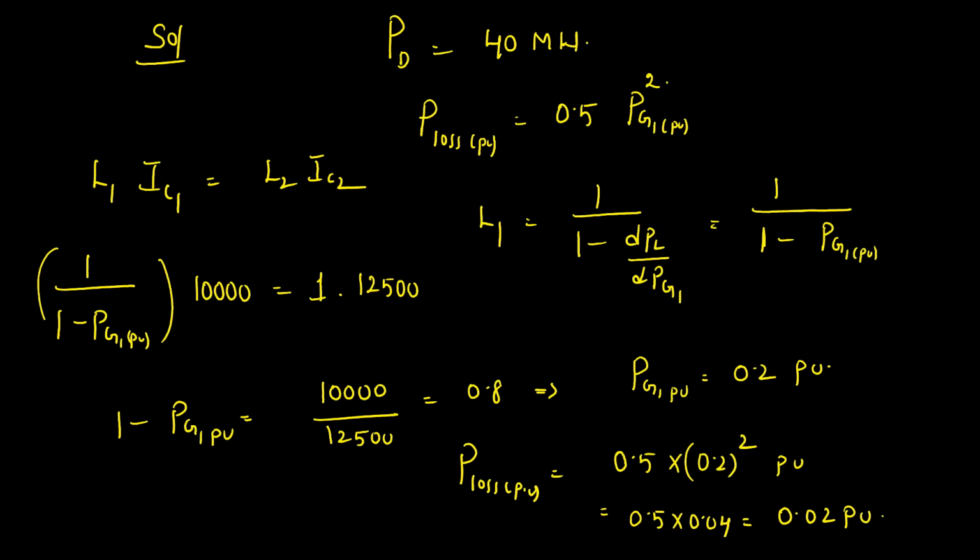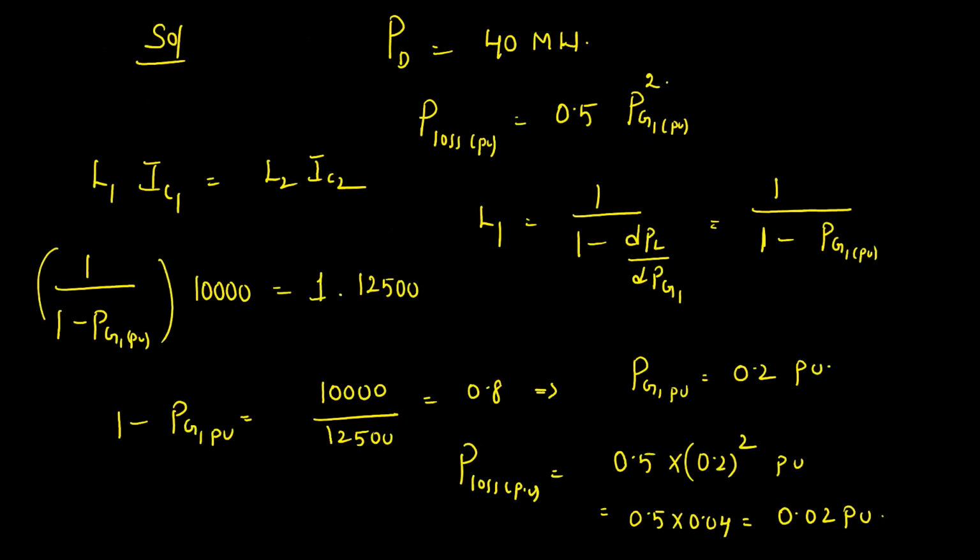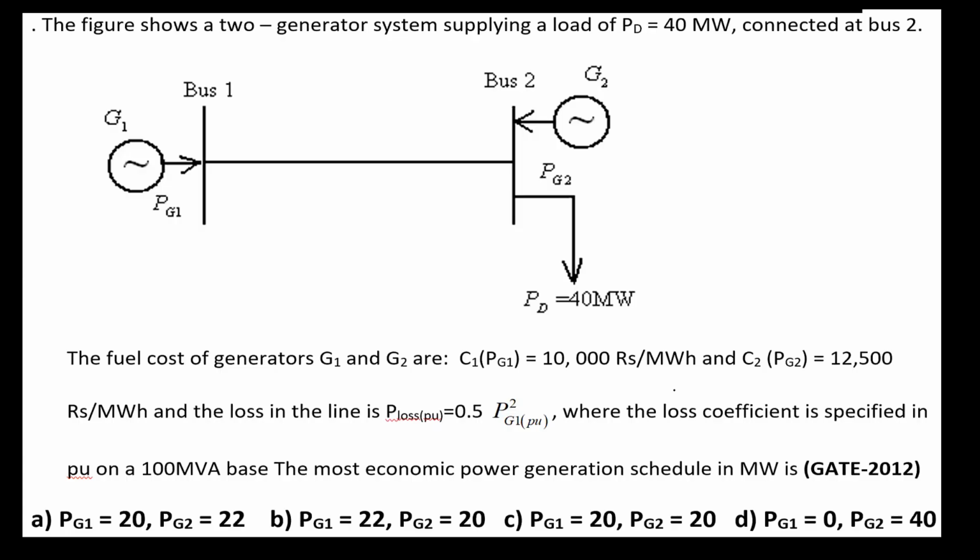So what should be the generation values? Your P1 value will be 22 megawatt and P2 value will be 20 megawatt. Understand? So option B would be the right option.